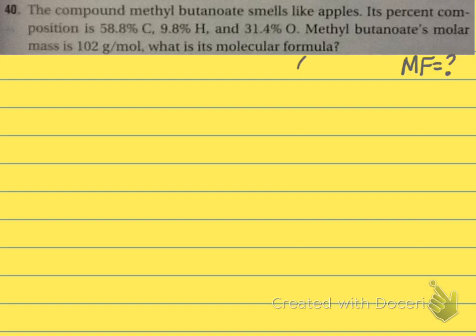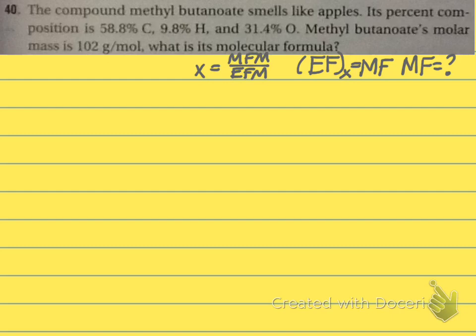Remember that our molecular formula is some multiple of our empirical formula. To find that multiple, we're going to take the molecular formula mass and divide it by the empirical formula mass. Given that information, what we notice that we're missing is our empirical formula.